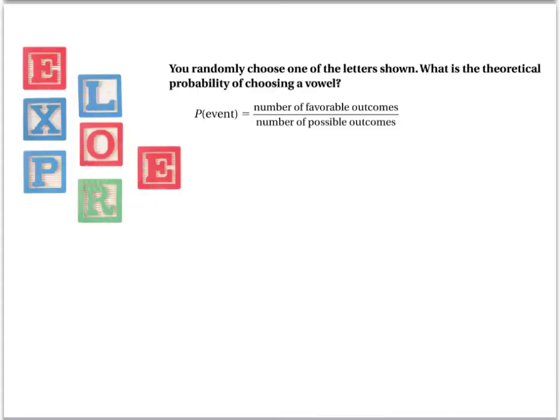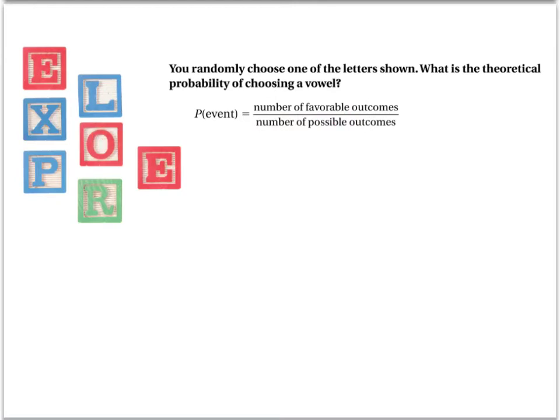Alright, it says you randomly choose one of the letters shown. What is the theoretical probability of choosing a vowel? Again, here is my probability of an event. It says the number of favorable outcomes over the possible outcomes. Well, first of all, I'm going to count the total: 1, 2, 3, 4, 5, 6, 7.